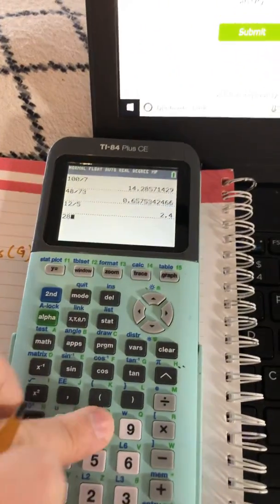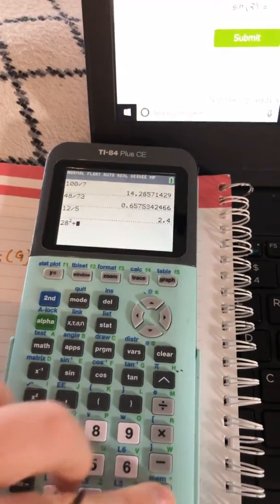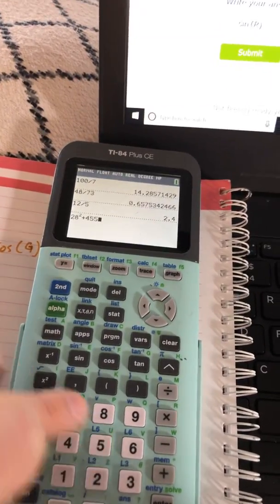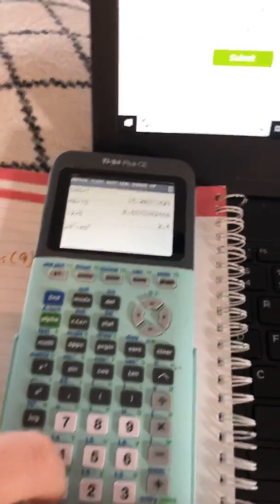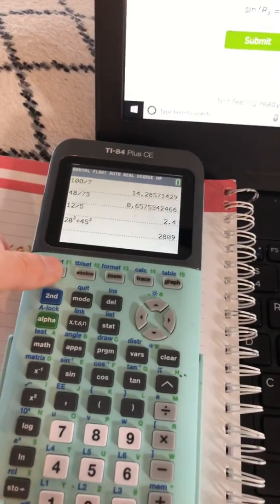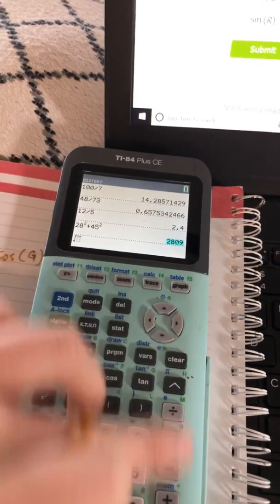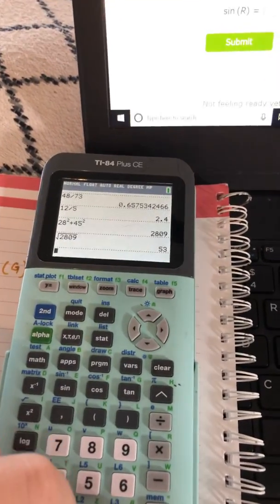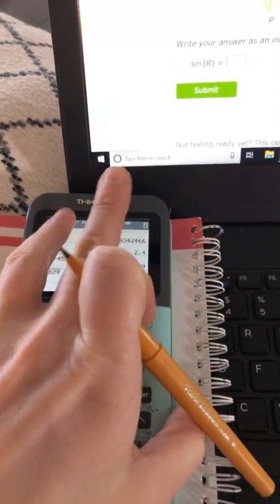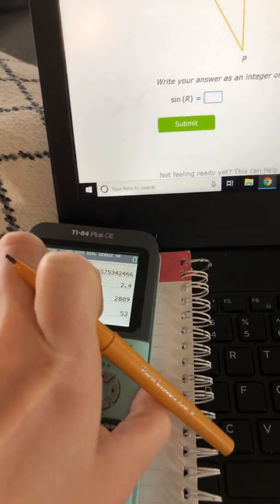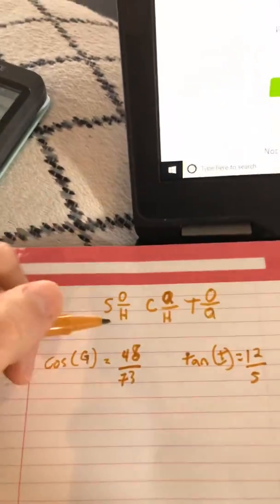So we'll do 28 squared plus 45 squared. And then we'll take the square root of that number to get 53. So the hypotenuse of this triangle is going to be 53, and sine has hypotenuse in it.